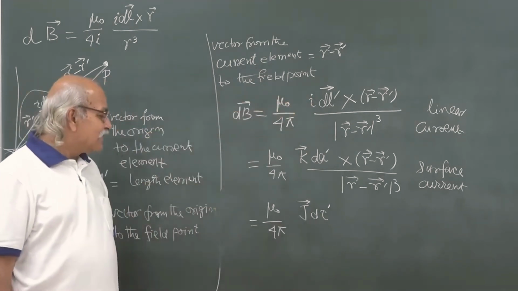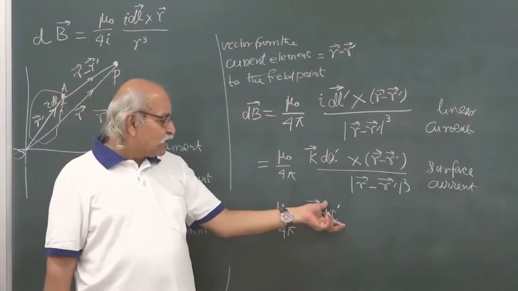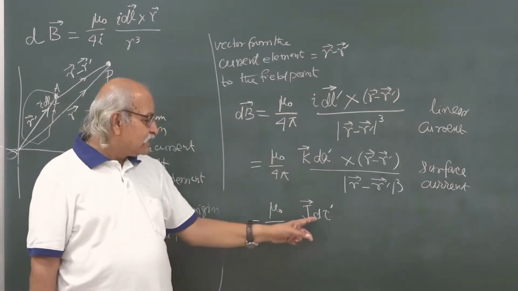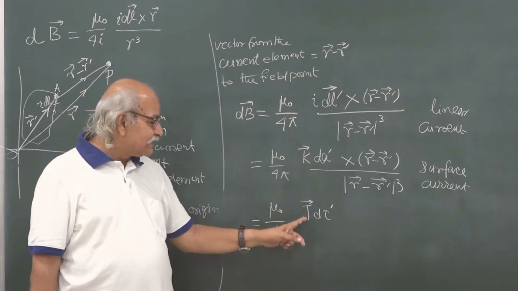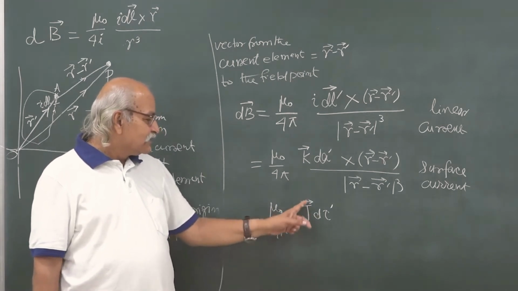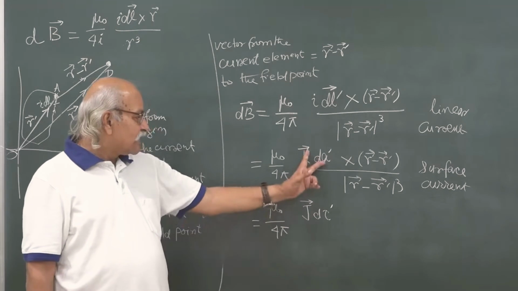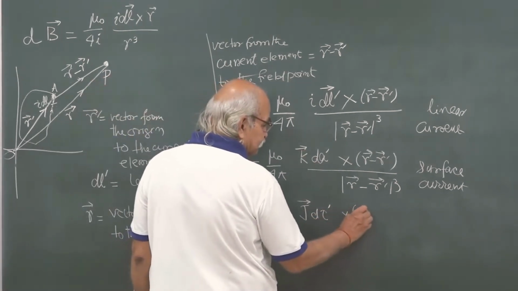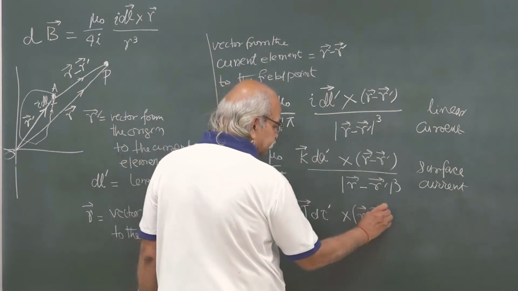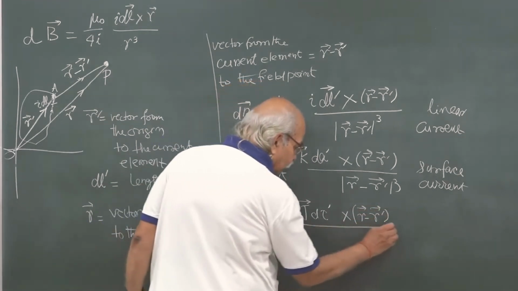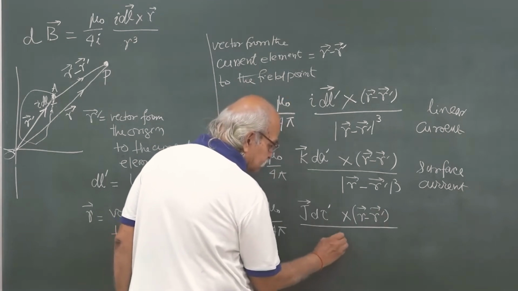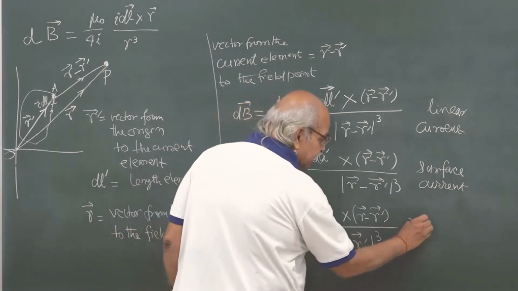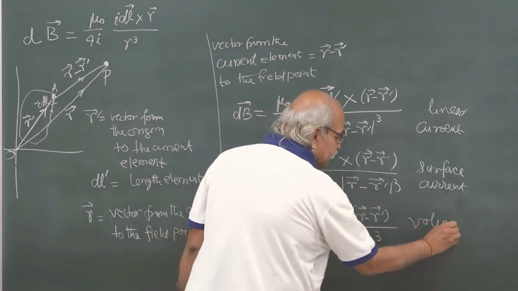So, you take your small volume at r prime position, and then see what is the volume current density there, which we write as J d tau, and then the remaining thing will be the same. This is if you have volume current.